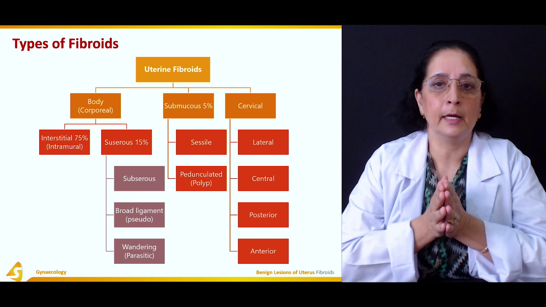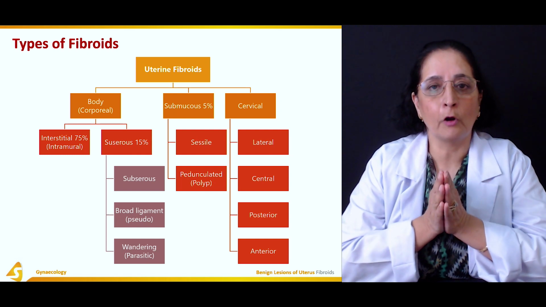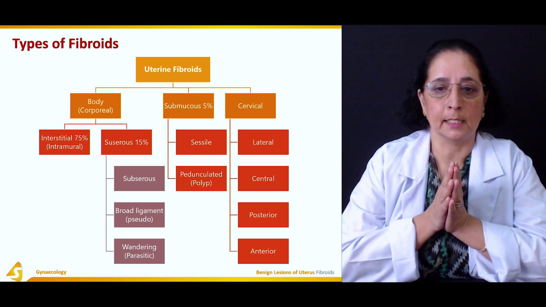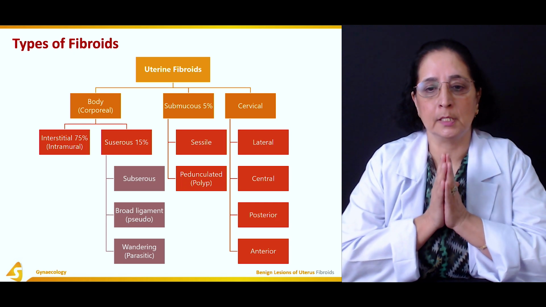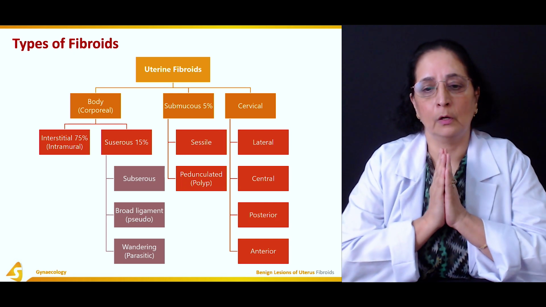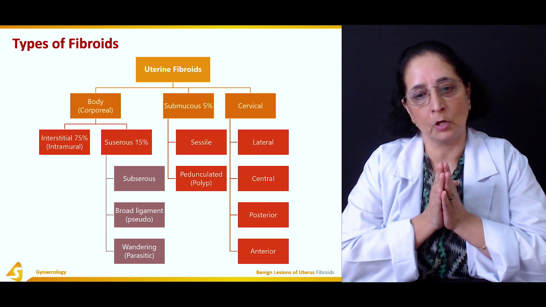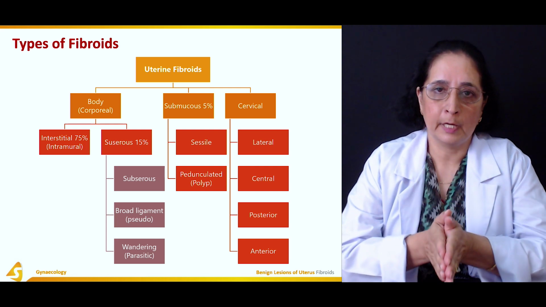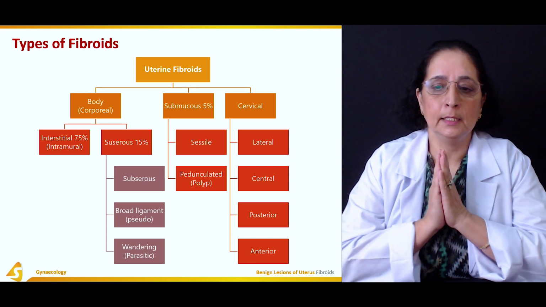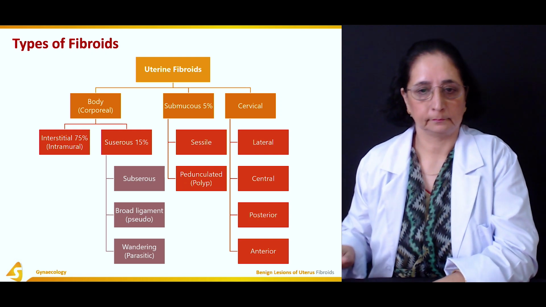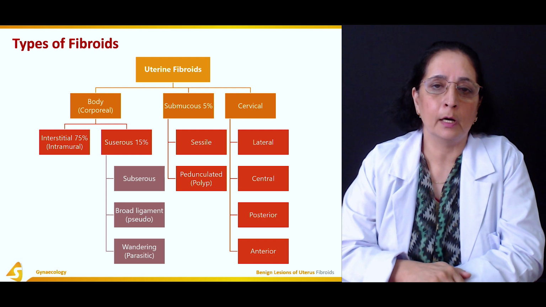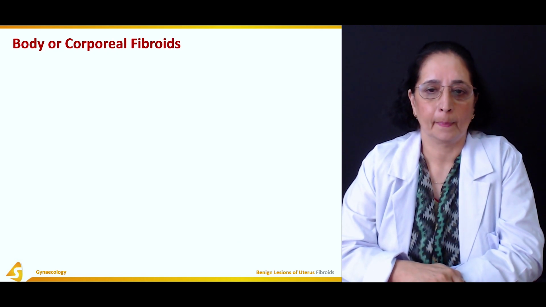Serous is further divided into subserous or broad ligament, which is pseudo, or wandering, which are parasitic. Submucous is 5%, which are sessile or no stalk, or pedunculated, which are stalked. Cervical can be lateral, central, anterior, or posterior. So all these depend on their location and the body part in which they are present.